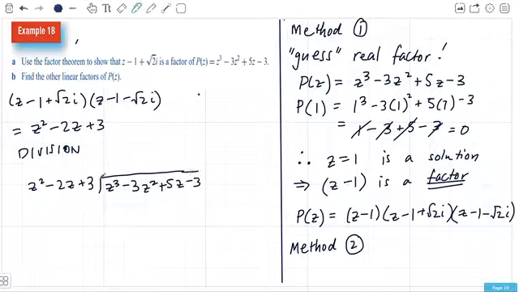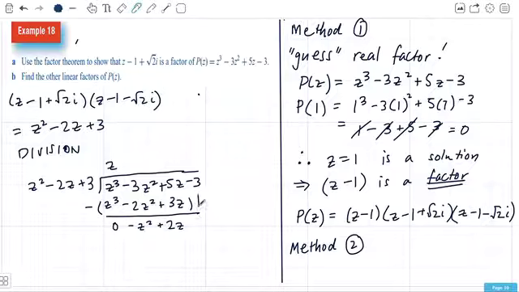What you'll find is you need a z here to give you z cubed minus 2z squared plus 3z. Subtraction gives you 0. This is going to be negative z squared, this will be 2z, and this will be coming down there, that would be minus 3.